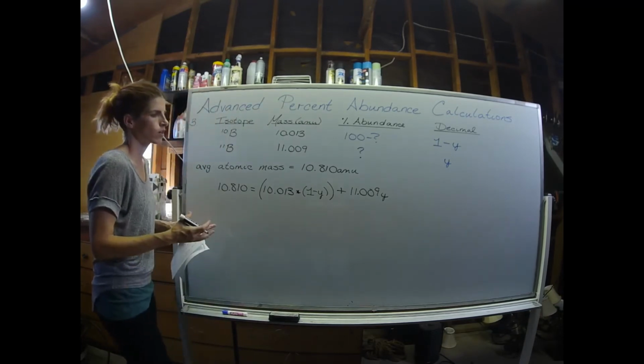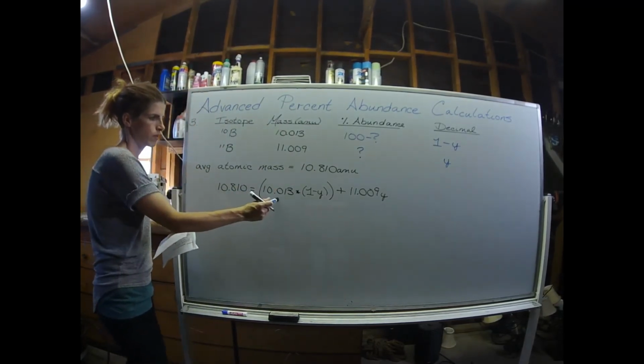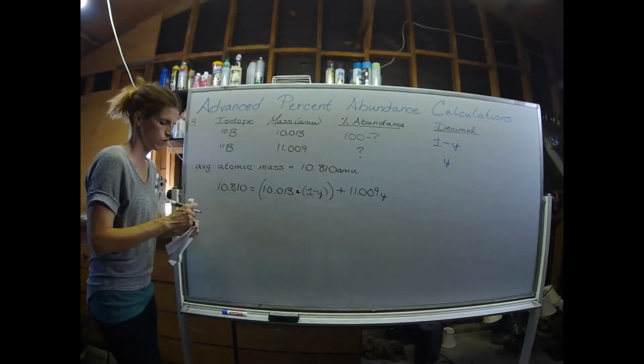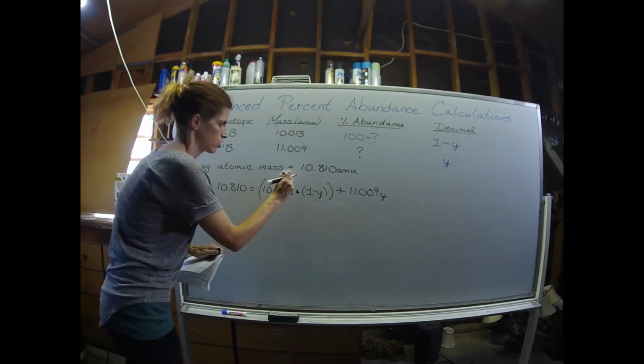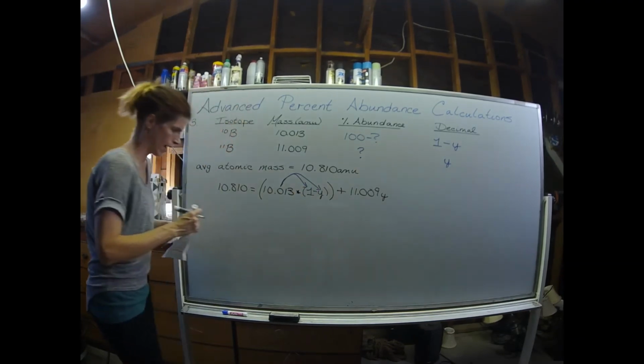Now we can work towards simplifying by distributing this value and getting rid of those parentheses. So I'm going to distribute this to the 1 and to the y.